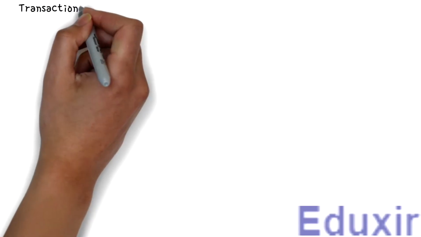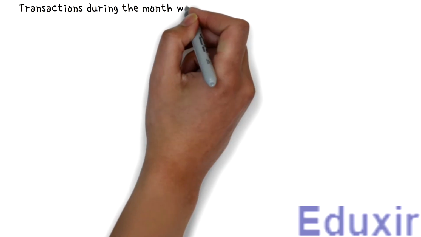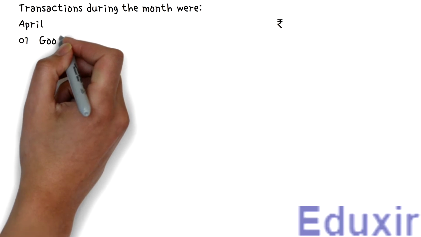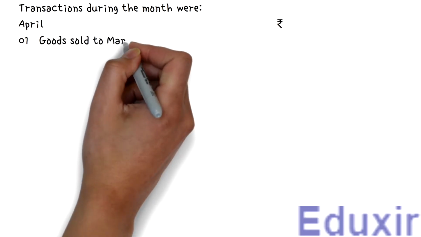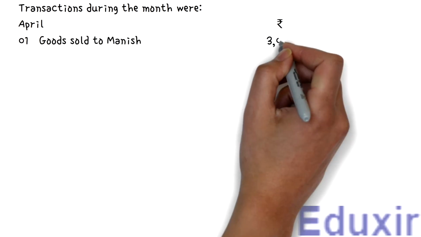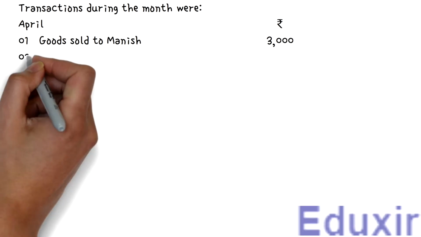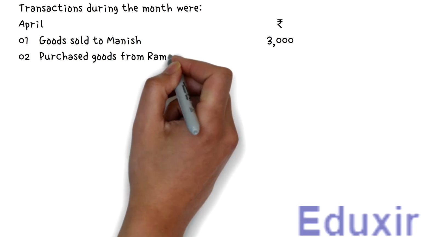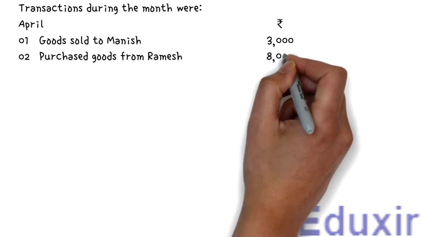Transactions during the month were: on 1st April, goods sold to Manish 3,000 rupees. On 2nd April, purchased goods from Ramesh 8,000 rupees.